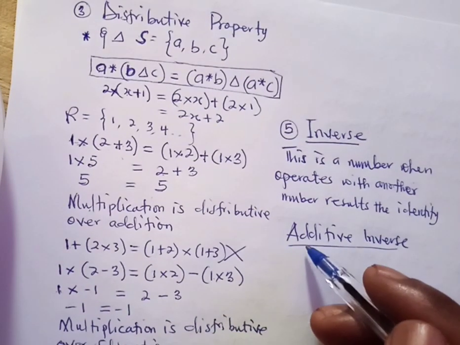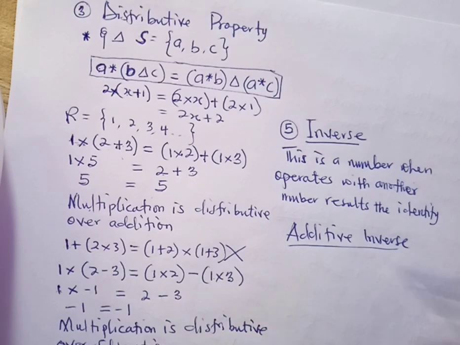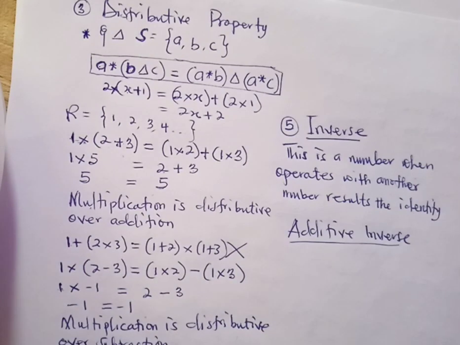For the additive inverse, what we are saying is this is a number. If you add it to any number, you will get the additive what? Identity. So you ask yourself, if I pick a number, which number should I add to get 0, because the additive identity is 0.